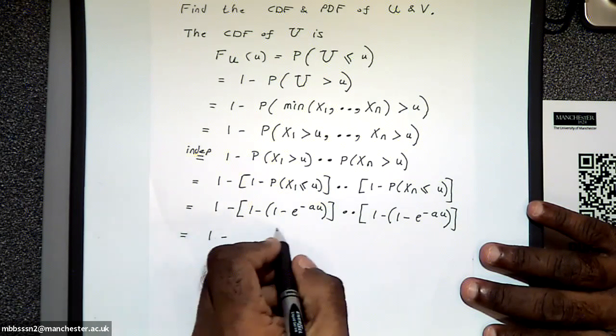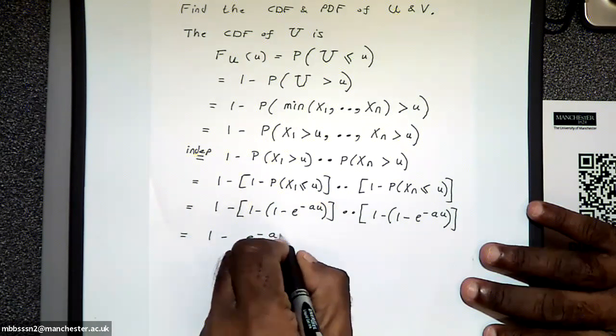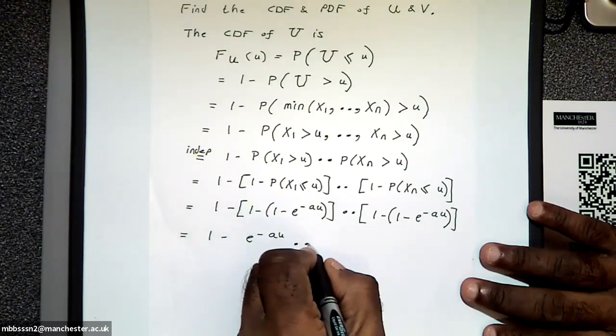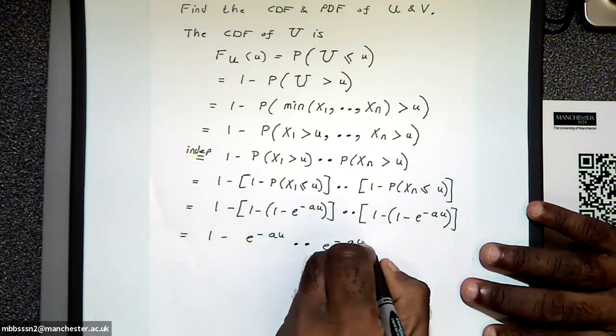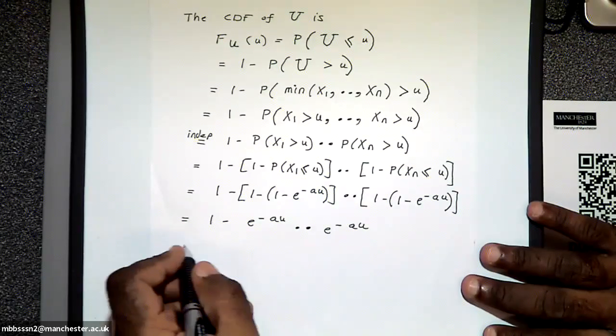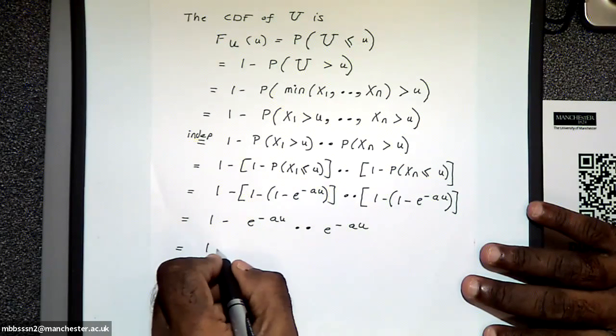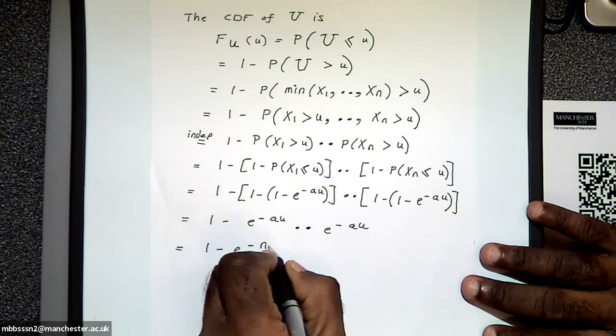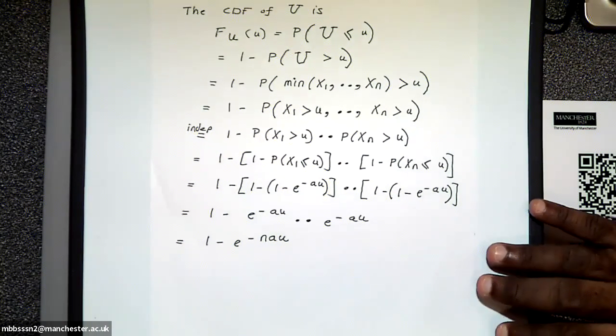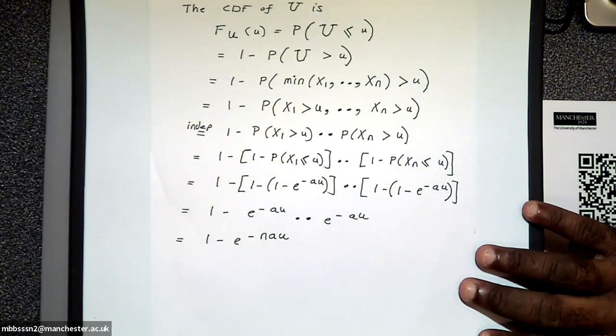So this becomes e to the minus a u, because the 1 and the 1 cancel. So this is the CDF of U, which is the minimum portfolio loss. Are you guys okay? Everybody okay?